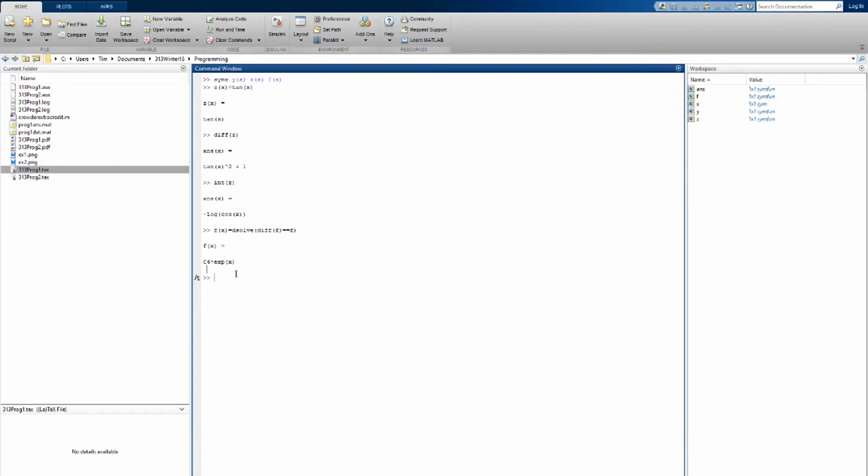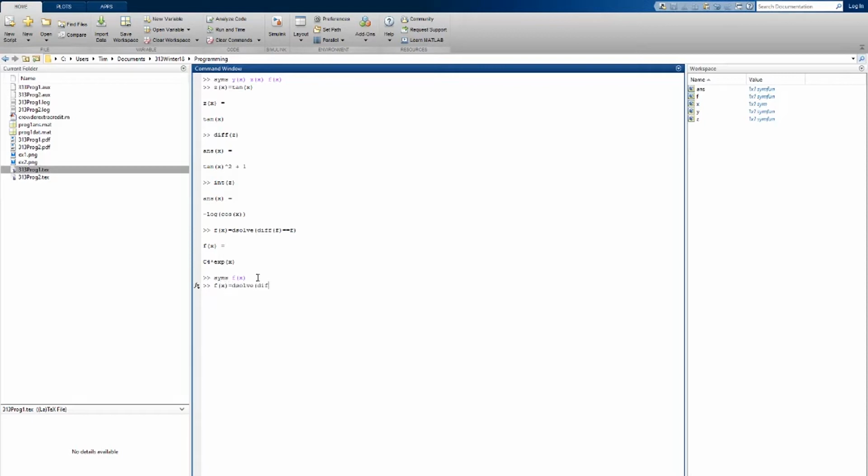I know that if you solve a differential equation of order 2, so maybe let's see, I can redeclare f of x as a blank symbolic variable, and now I can write f of x equals dsolve.